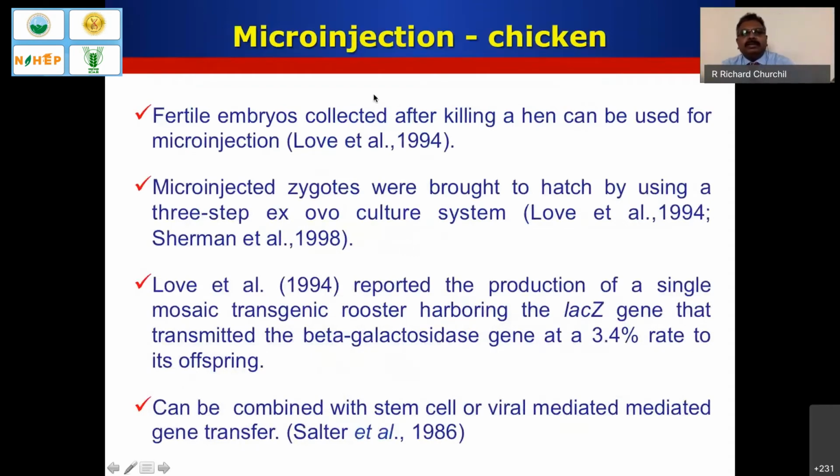It was tried in chicken in the 90s, but there are no more reports after 1995. Only up to 1994 it was tried. Again, here the problem is getting a single-celled ovum. But the scientists, Lau et al., sacrificed the bird around 2.5 hours after laying to harvest the next ovulated ovum, which should be in the upper portion of the magnum, just fertilized.